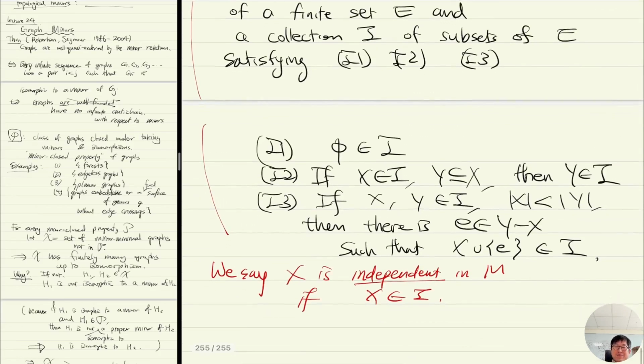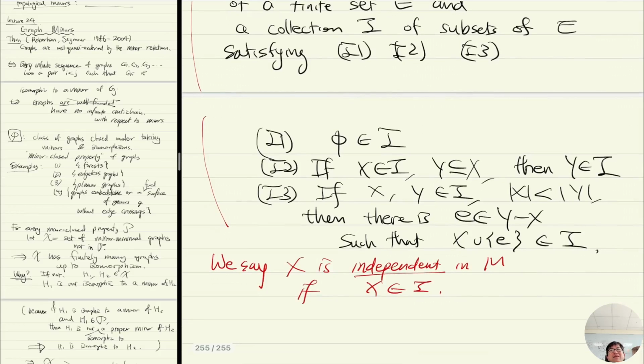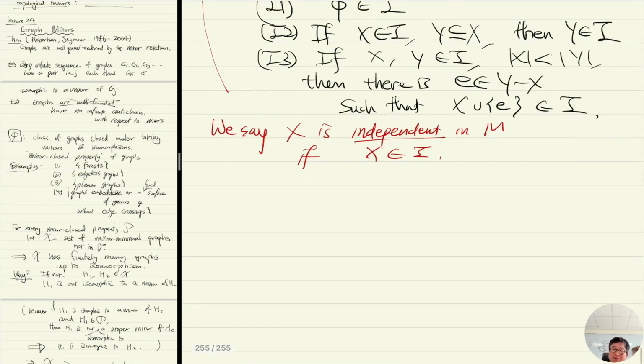So X is independent, and we say dependent if it's not independent.